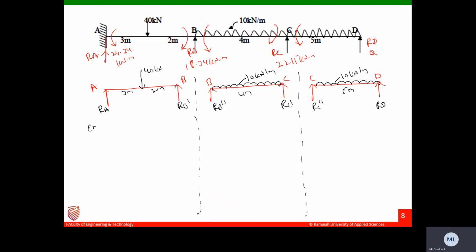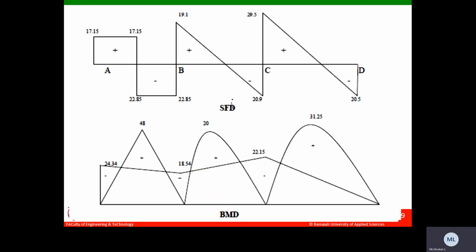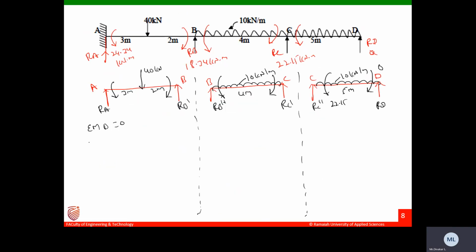Now let us take sigma MB equals to 0, and here I forgot to write the moments we got. So what are the moments we got here? I got 0 here, 22.15 here, 18.34 here, and 18.34 here.